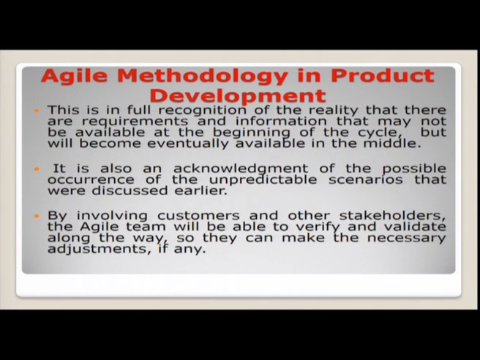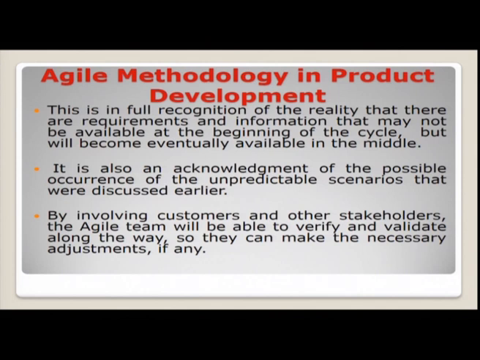This is in full recognition of the reality that there are requirements and information that may not be available at the beginning of the cycle, but will become eventually available in the middle. Requirements may not be known at the initial stage, but as days go on, as the project progresses, you will be getting more and more clarity and more insights when you work on it.